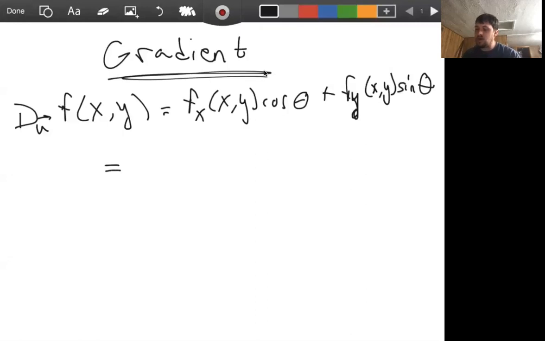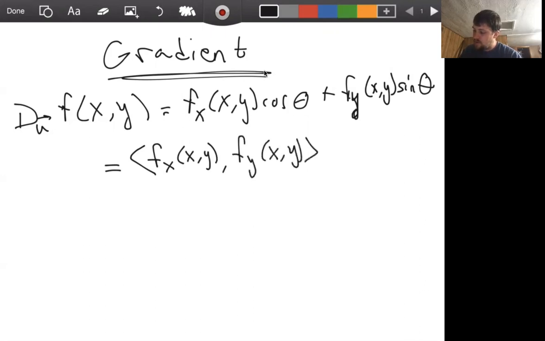You may notice that we could actually write this as a dot product of the vectors f sub x, f sub y with cosine theta, sine theta.